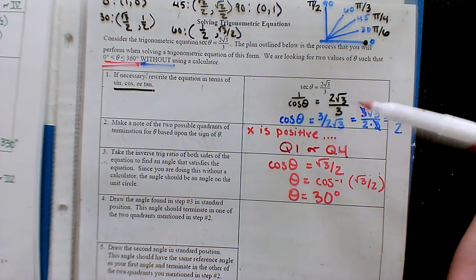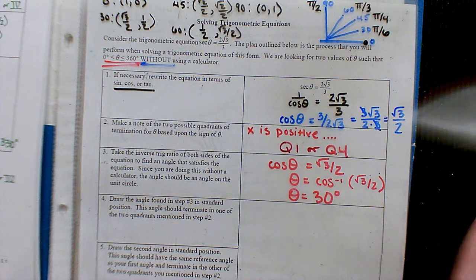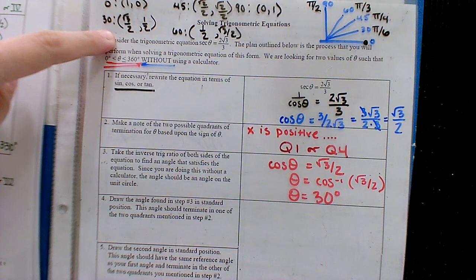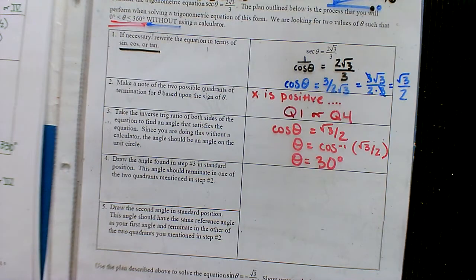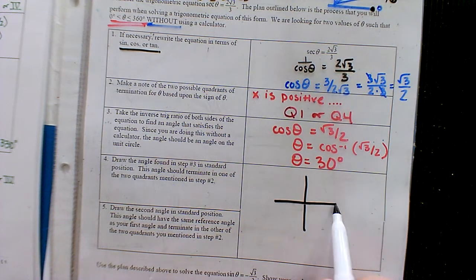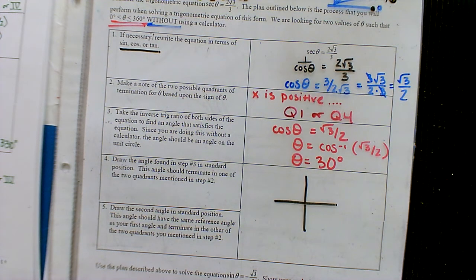But we said that this angle could be in quadrant 1 or quadrant 4. Maybe there's another angle that would also have that same cosine value. This is when we're going to utilize a graph to help us figure that out. Let's go ahead and draw an x and a y.